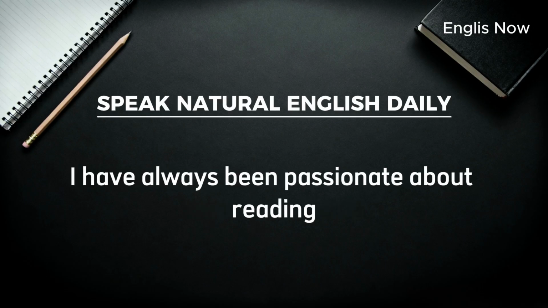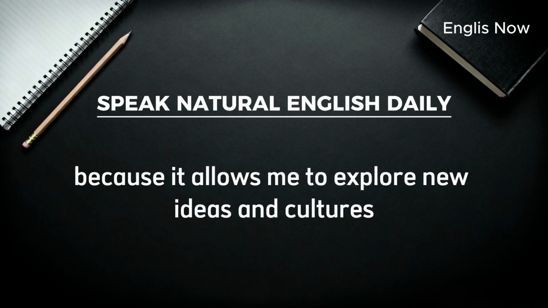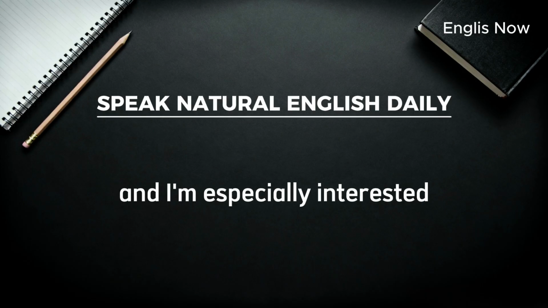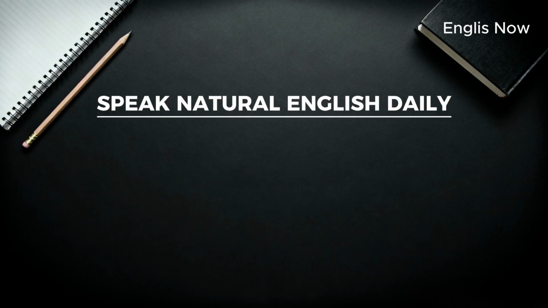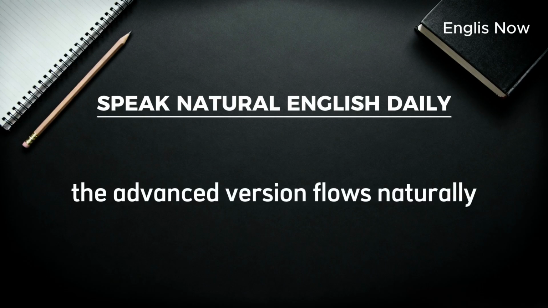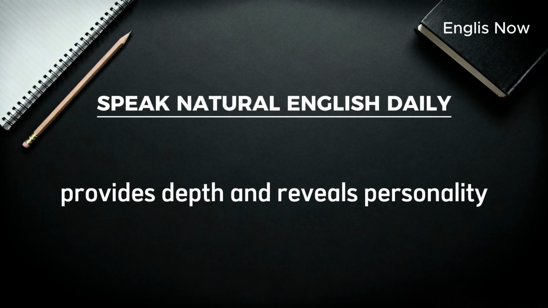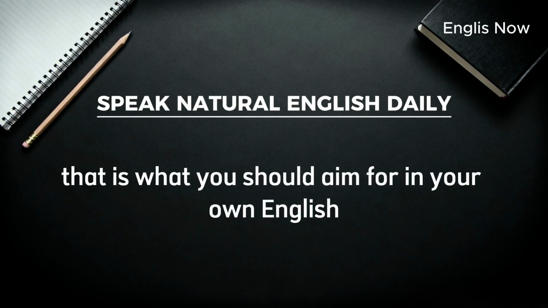I have always been passionate about reading because it allows me to explore new ideas and cultures, and I'm especially interested in how literature connects people across borders. Do you hear the difference? The advanced version flows naturally, provides depth, and reveals personality. That is what you should aim for in your own English.